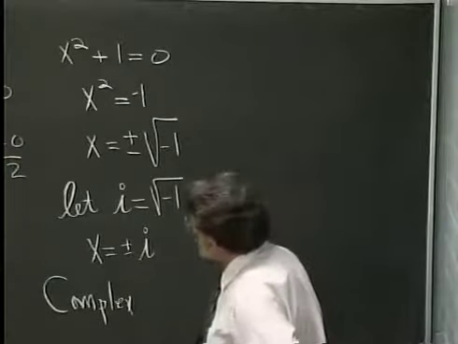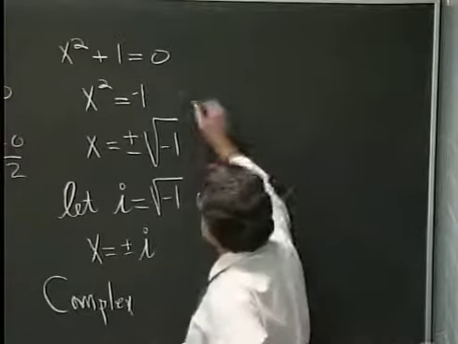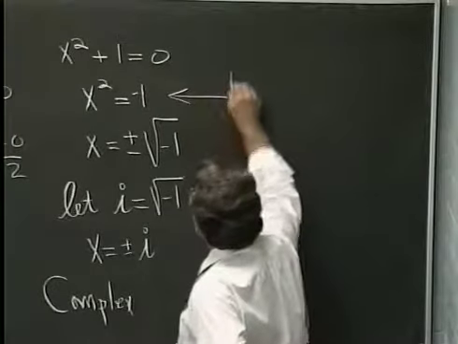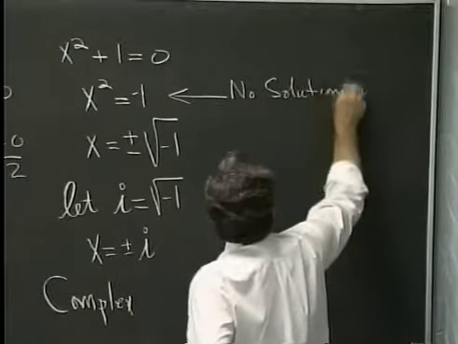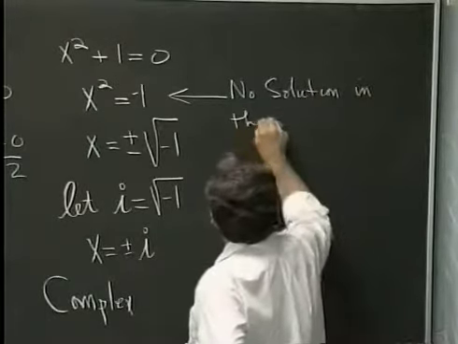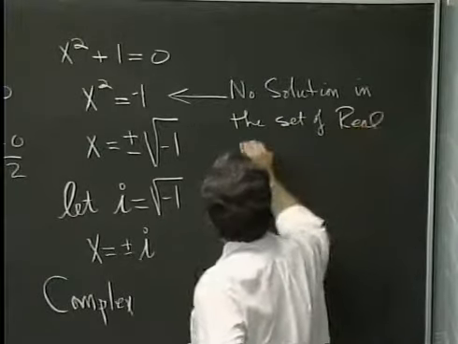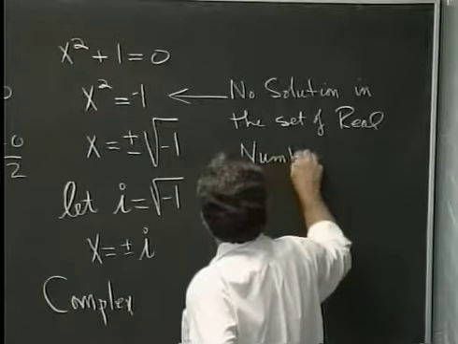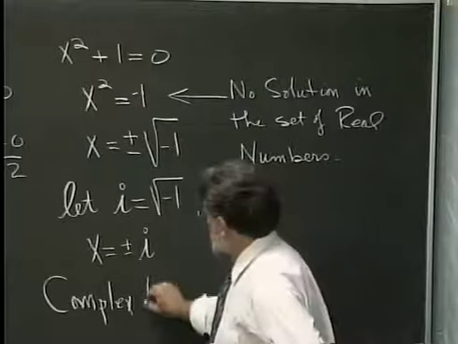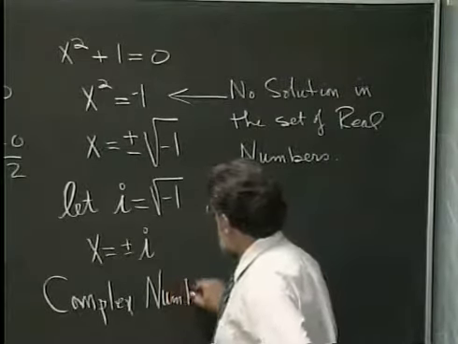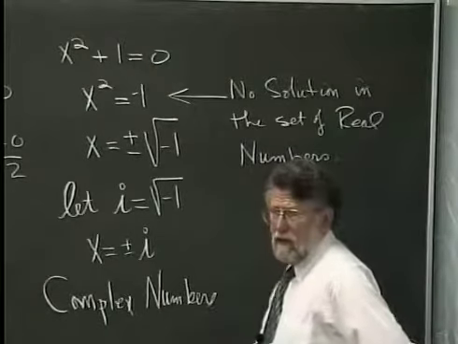As long as we stay in the set of reals, then I would say at this point, no solution in the set of real numbers. However, if I extend the allowable numbers to be the complex numbers, then we will have two solutions.